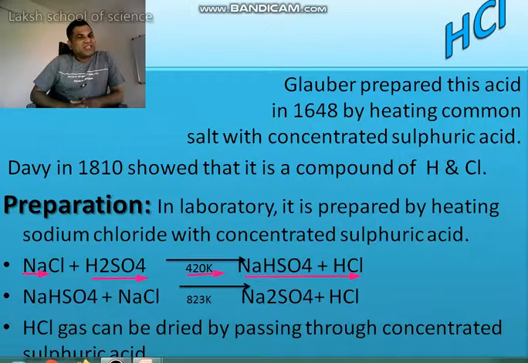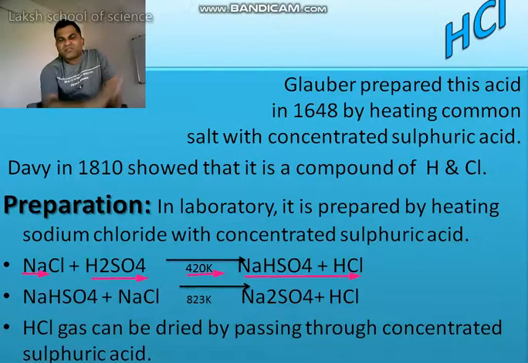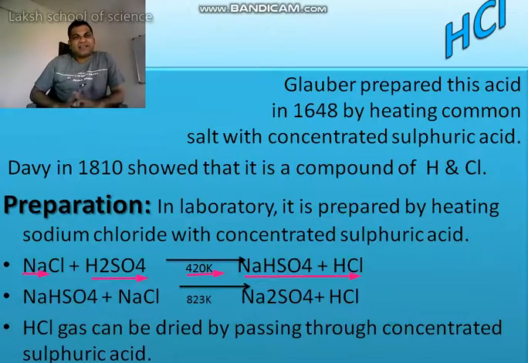In industries, HCl is directly prepared by reacting H2 and Cl2, the simple thing: H2 plus Cl2 gives HCl. HCl gas can be dried by passing it through concentrated sulfuric acid.